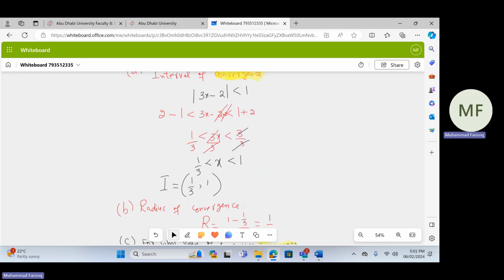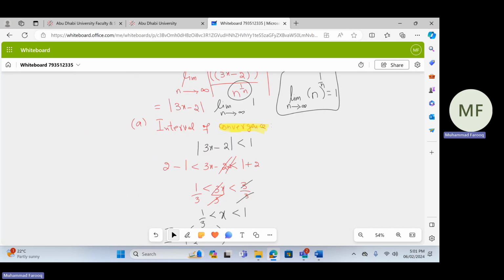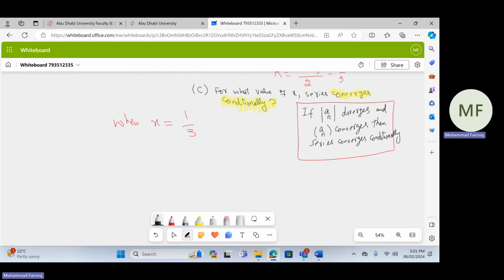This is your question: the sum of (3x minus 2) to the power n divided by n, from n equals 0 to infinity. Now, the x value, how much? Please put here 1/3.